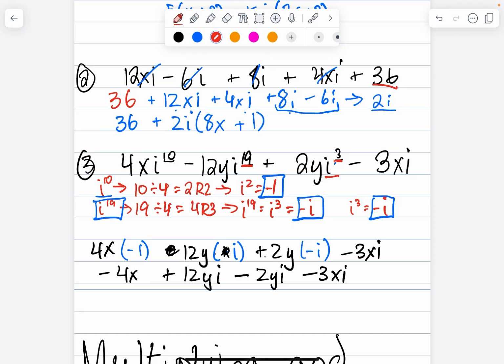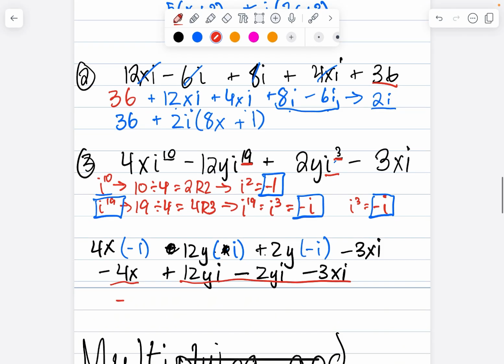All right, now I'm going to put all the terms with i and all the real terms that don't have i. Well, lucky for us here, they're already kind of arranged this way, all right? So I have negative 4x plus 12, negative 2, negative 3. They don't share anything in common, but they all do share an i, right?